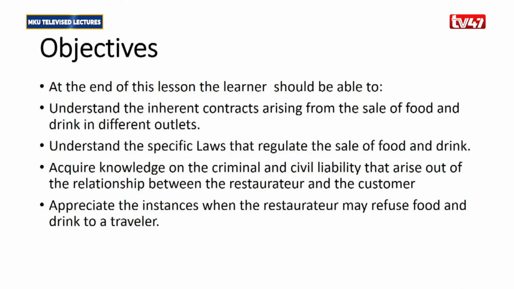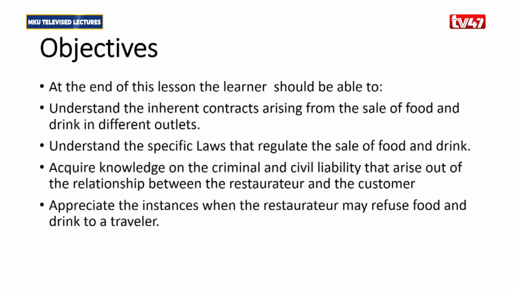The objectives of today are, at the end of this lesson, the learner should be able to, one, understand the inherent contract arising from the sales of food and drinks in different outlets. Two, understand the specific law that regulates the sales of food and drink.